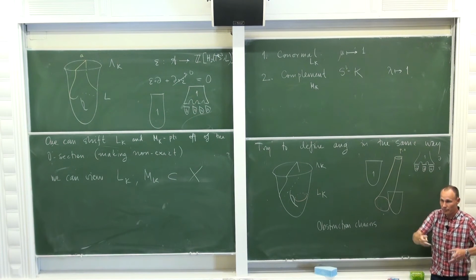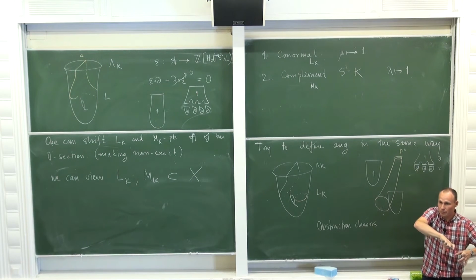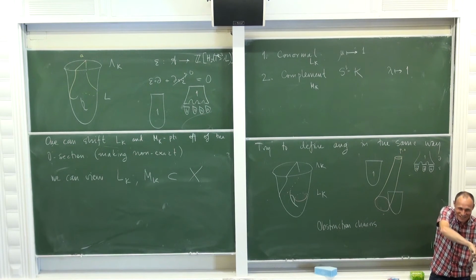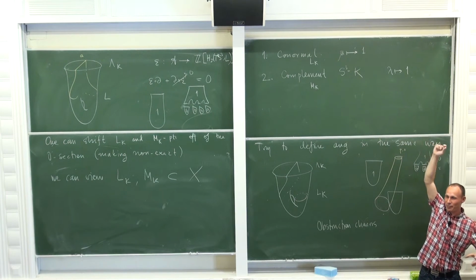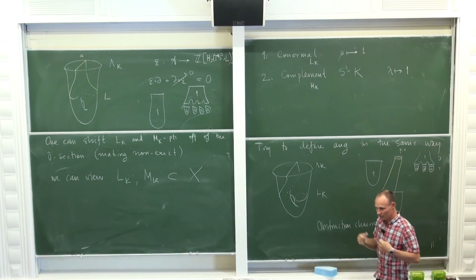So for each curve, we take some surface going up to a generator of the homology upstairs, into a combination.